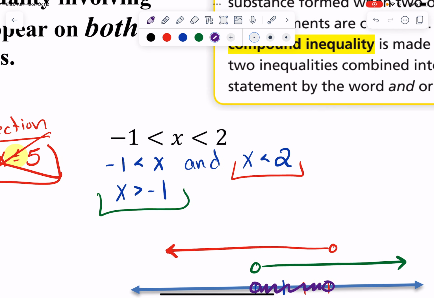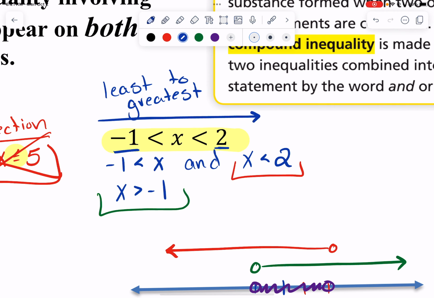And you can tell here, if I just read this original, we normally like to list them least to greatest. For example, -1 is smaller than 2, it's least to greatest as we read it from left to right, which means then that we would use less than symbols. You can rewrite this the other way around, 2 greater than x greater than -1.